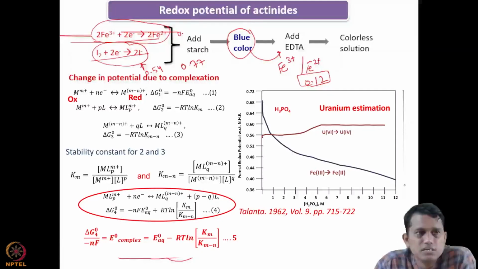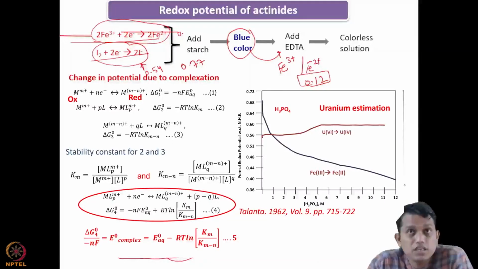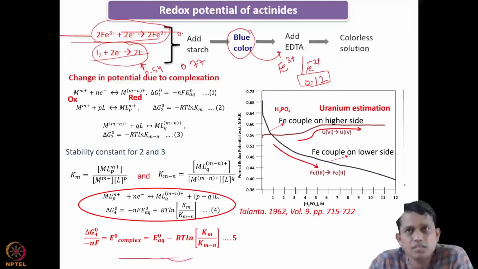Generally, when you add some kind of complexing agent, some of the complexes get stabilized and you get a reduction at a lower potential. And this is again what I showed you, the Davis-Gray method. It is a very important method in the estimation of uranium in the nuclear industries. Here people have cleverly played with the redox potential of the iron couple and the uranium couple.